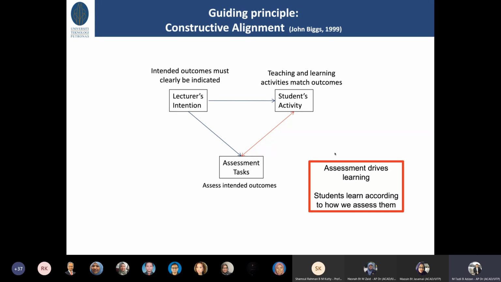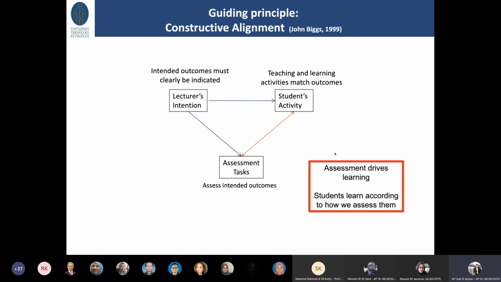So there is a misalignment there, and no constructive alignment in this particular case. We want to make sure that whatever we spell out in our course outcomes can be measured, and that it is aligned together. These are the things we have to bear in mind.